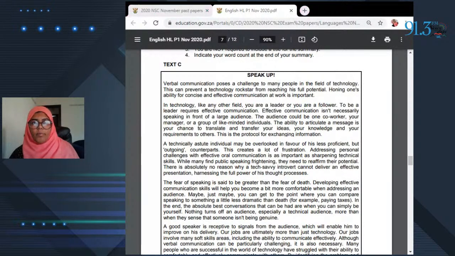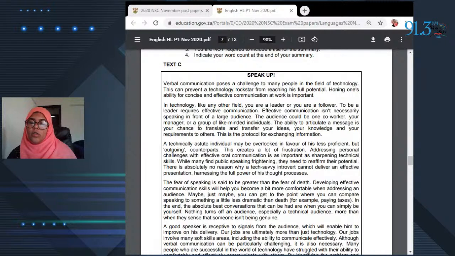So, if we extract pieces from there, then we can extract the quote, reaching his full potential. But when you have to write it in your own words, you can say effective communication enables one to maximize one's potential, right? And then also, in the second part here, to be a leader requires effective communication. When you have to write it in your own words, you can say a good communicator stands a better chance of being a leader, because they speak about communication.